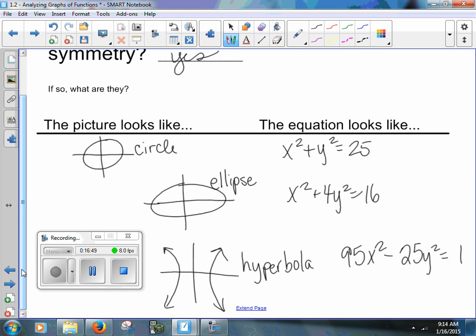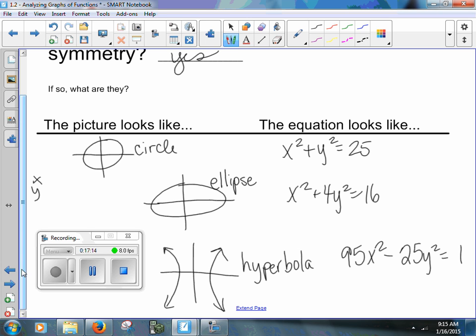There you go. Okay, so let's recap. When you are finding x-intercepts, how do you do that algebraically? Plug in 0 for y and solve. That's x-intercepts. When you are solving for the y-intercepts, plug in 0 for x and solve.